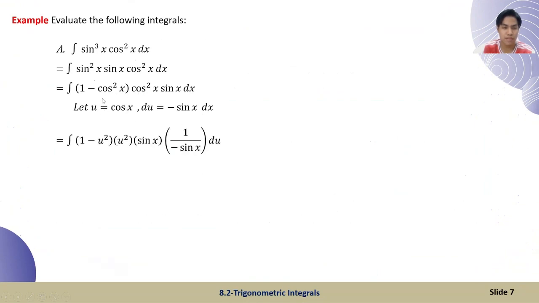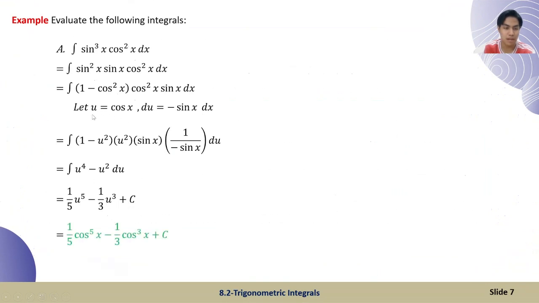In places where we have cosine, we replace it with u. So we will have a new function, which is 1 over 5 u to the power of 5, minus 1 over 3 times u to the power of 3, plus c.